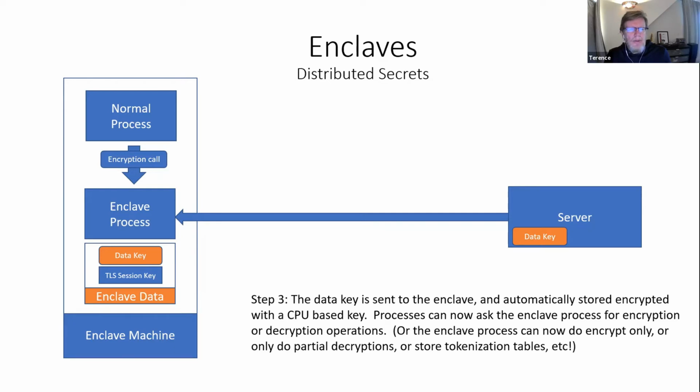I can't jump into other parts of the process, and even if I dump all of the memory, the keys and the data are not available to me because they are all encrypted with a key that's locked inside of the CPU that will only do encrypt and decrypt operations for the enclave itself. So my data is now private in a way that it was not private before.